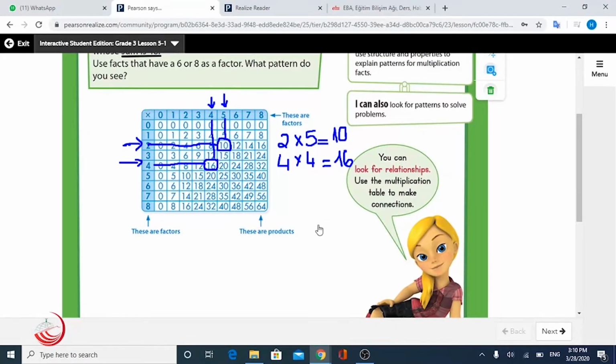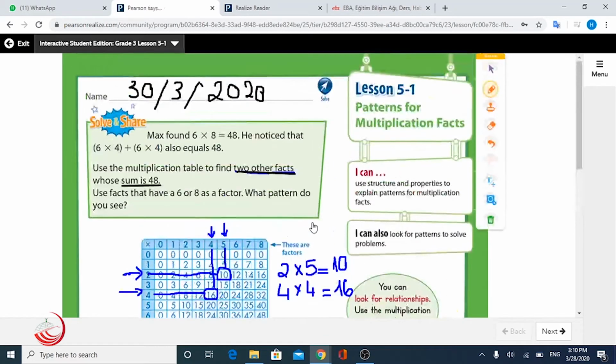Now let's move to the problem above. We start reading. Max found 6 times 8 equals 48. He noticed that 6 times 4 plus 6 times 4 also equals 48, which is very much true.